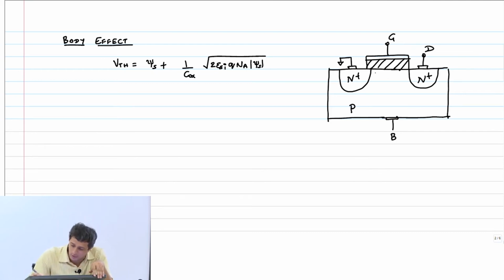So you have some negative immobile charges that have been created here, and then you can have some free electrons. Typically if the body was grounded, then all the work that is done to invert the channel is done by the gate. And that was the definition of threshold voltage.